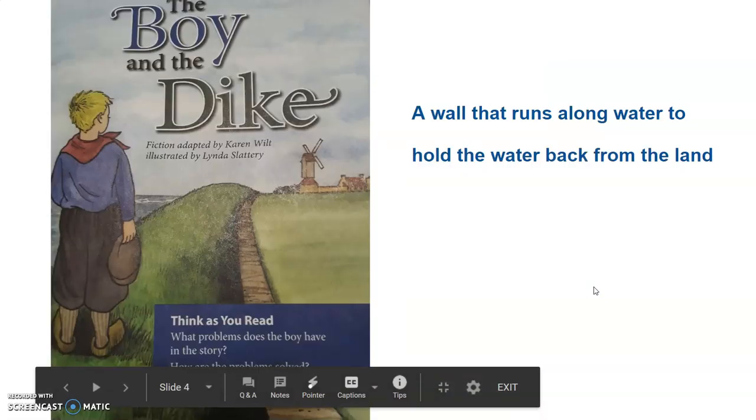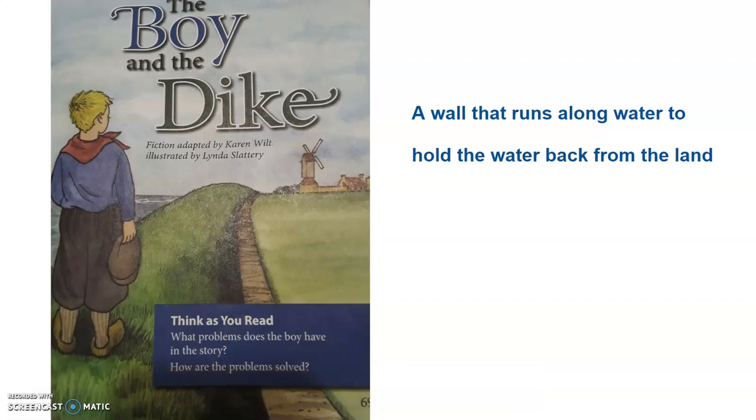A dike is a wall that runs along water to hold the water back from the land. Okay, and we learned that in Holland, a lot of Holland would be actually covered in water if it were not for the dikes that are holding the sea back from flooding the land.